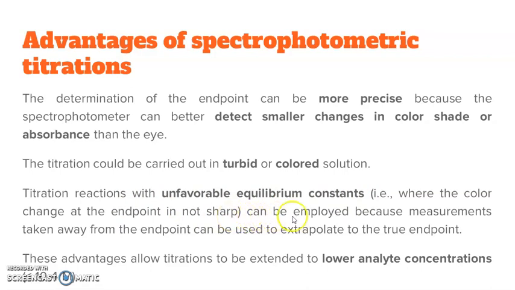In that particular case, this kind of spectrophotometric titration can be employed and the endpoint can be calculated very nicely by extrapolating the lines or the curves so that they meet at one point to find out the true endpoint. And because of these advantages, the titrations can be extended to very low analytical concentrations, much below 10 to the power of minus 4 molar.